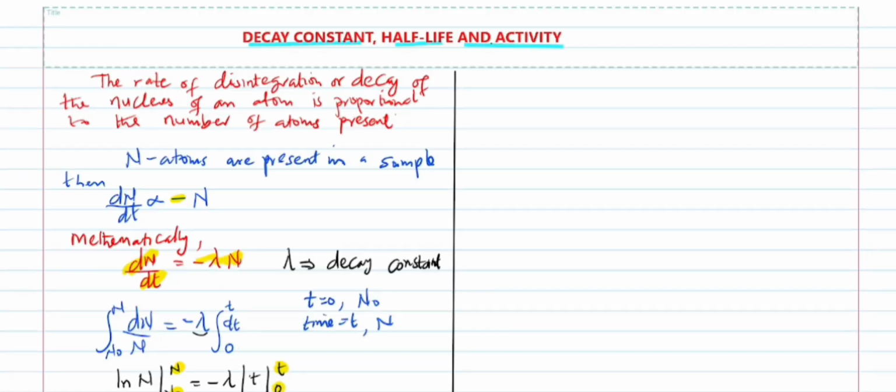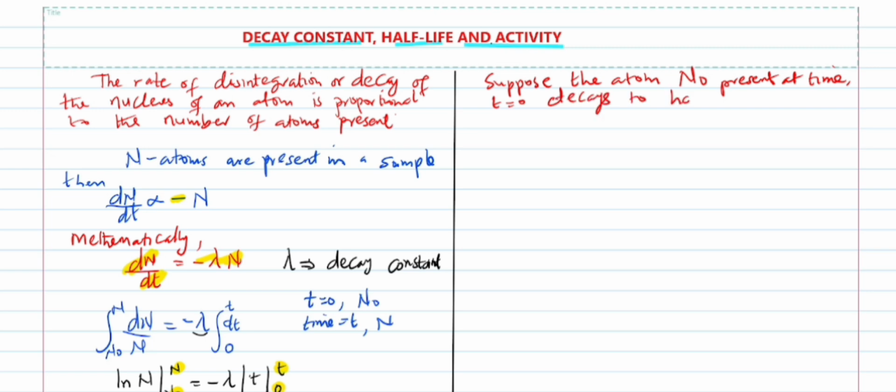Suppose the N naught atoms present at time t equals 0 decay to half of their original number.